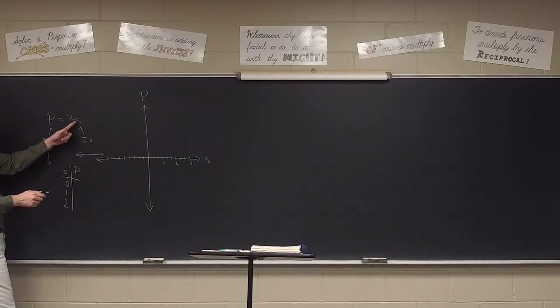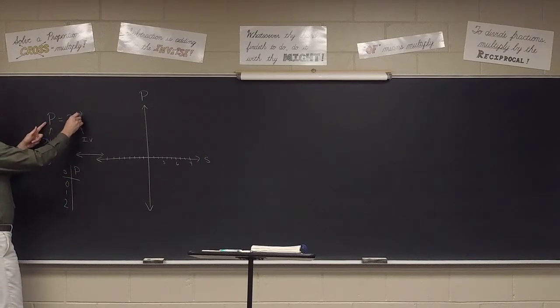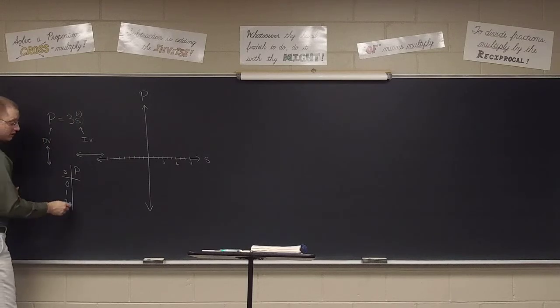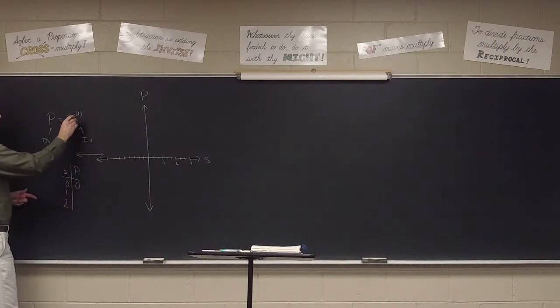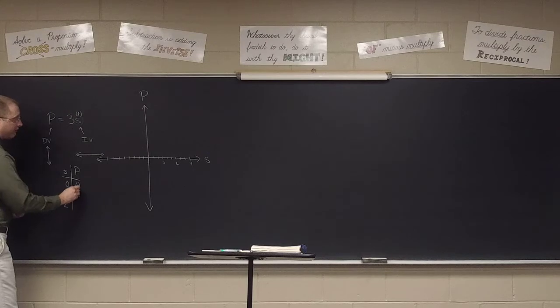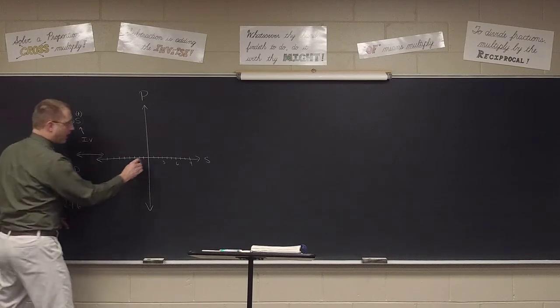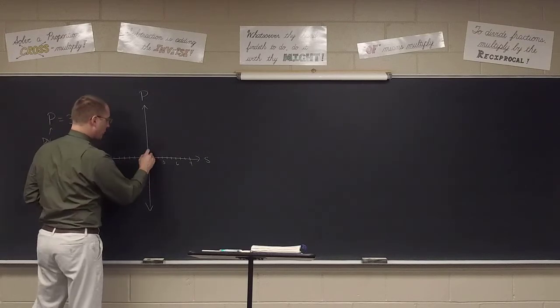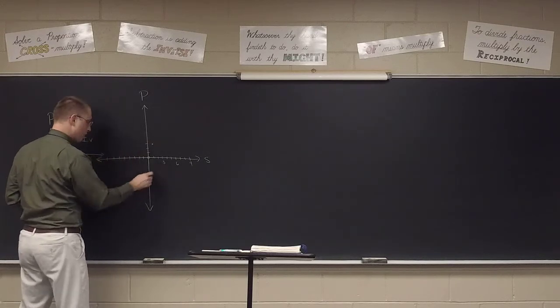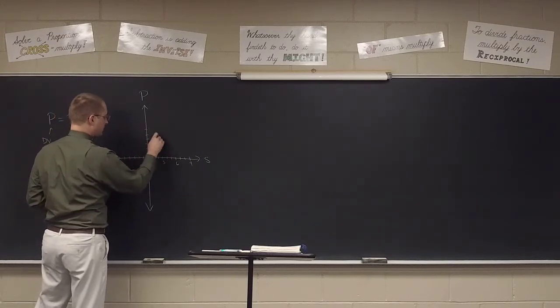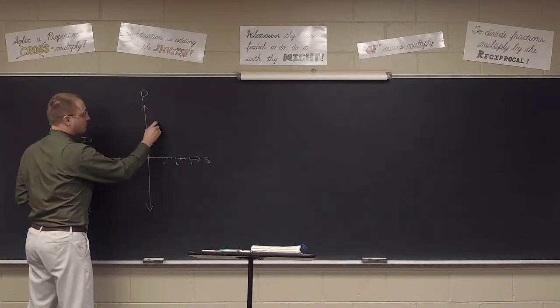If S is 0, then the perimeter is 0. If the sides are each 1, then the perimeter is 3. If the sides are 2, then the perimeter is 6. And we could plot those points, 0, 0, over 1, up 3, over 2, and up 6. And we could connect these points with a straight line.